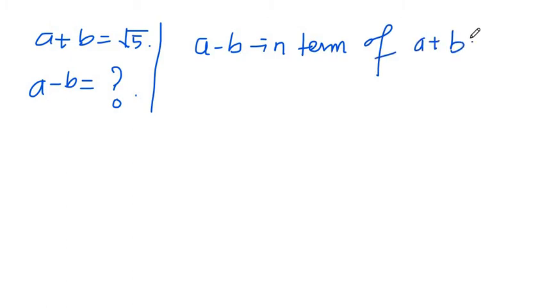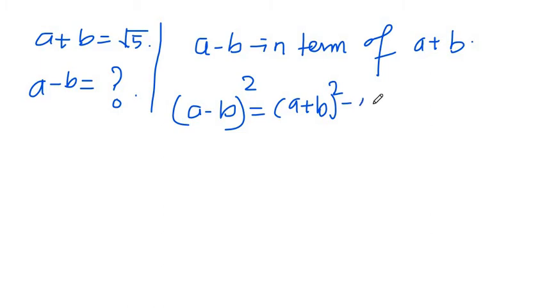I'm going to show it. If we write a minus b whole square in terms of a plus b whole square, then we write a plus b whole square minus 4ab. This is the formula for a minus b whole square, and we can prove it.